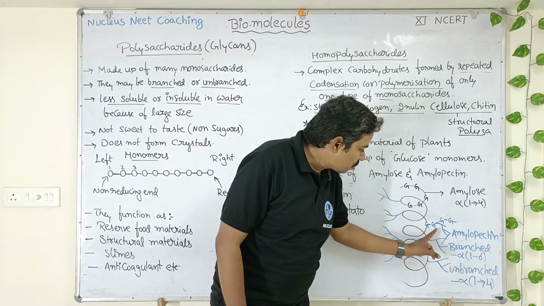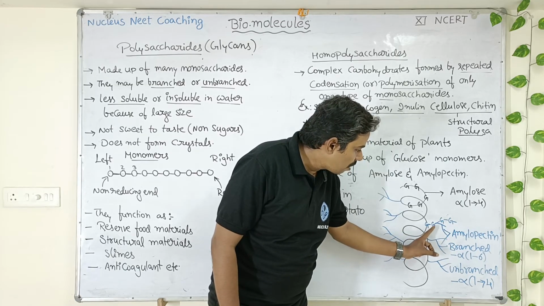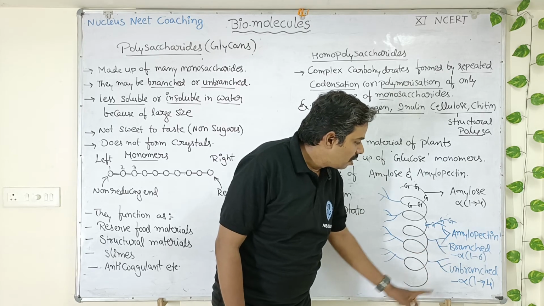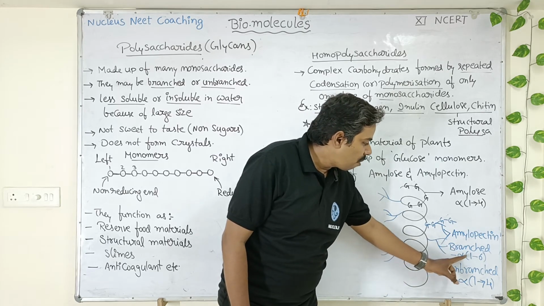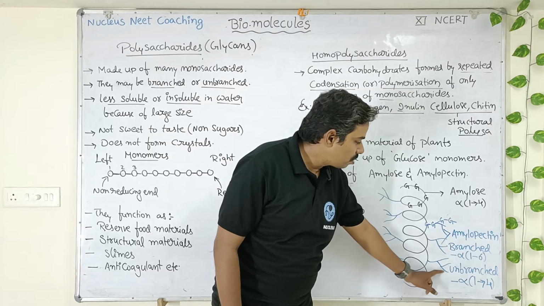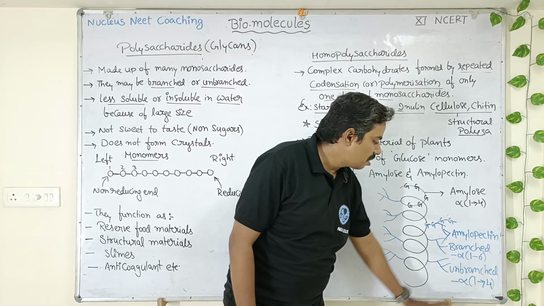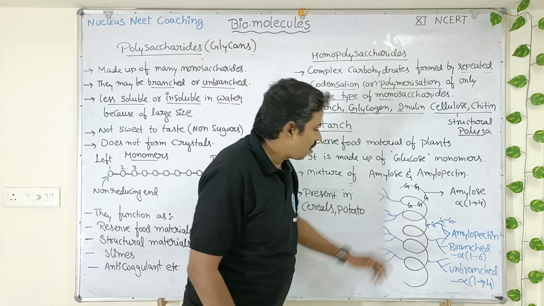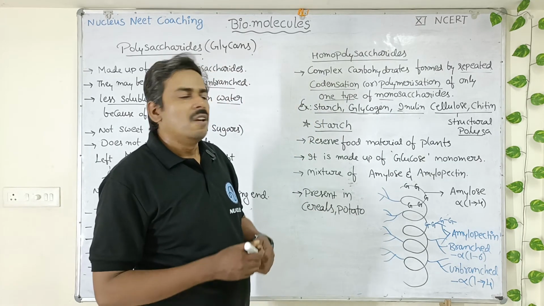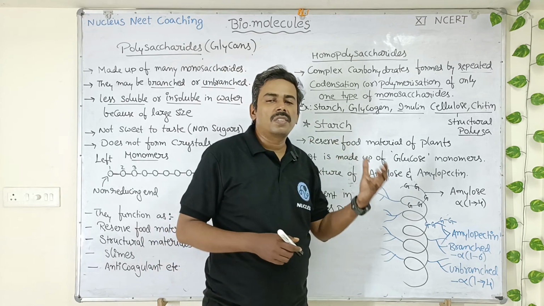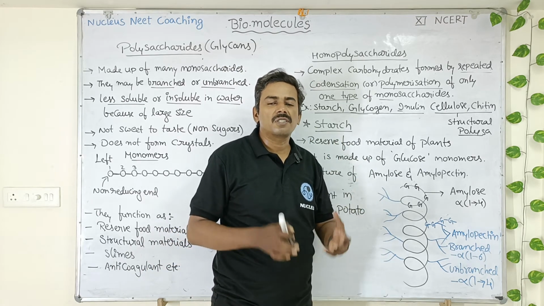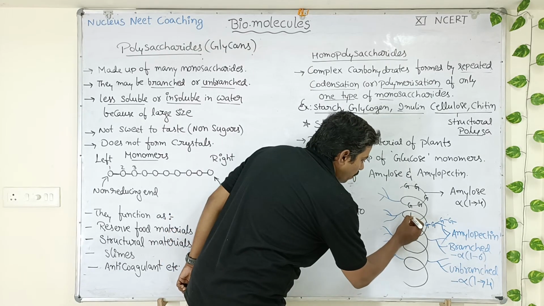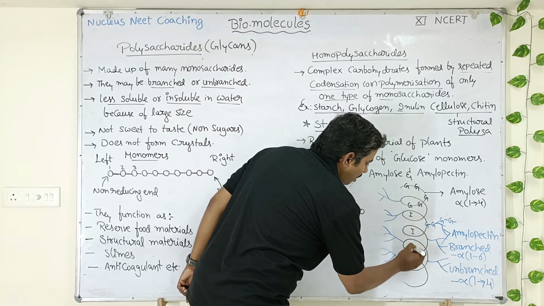In amylopectin structures, which you can see here, several glucose units are arranged in the form of branches. There will be branched chains with alpha 1 to 6 bonds, and also unbranched chains with alpha 1 to 4 glycosidic bonds. So this is the structure of starch. When we test starch with iodine, iodine will occupy the space present in the helix.